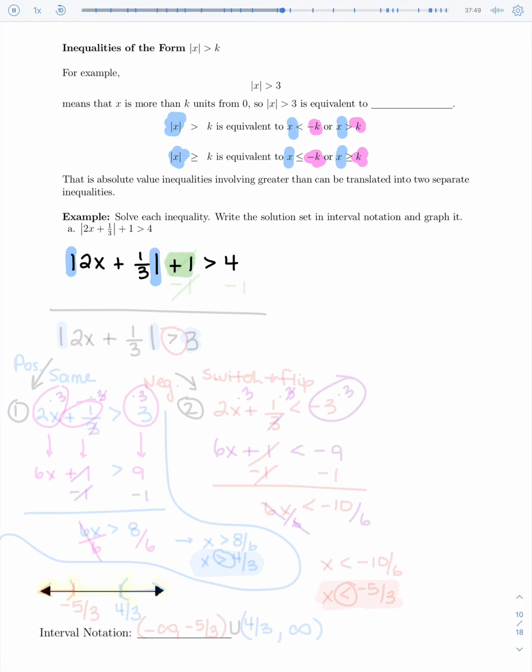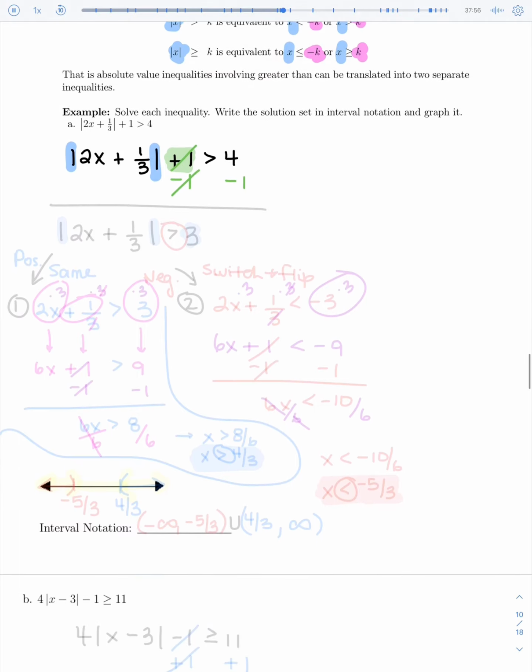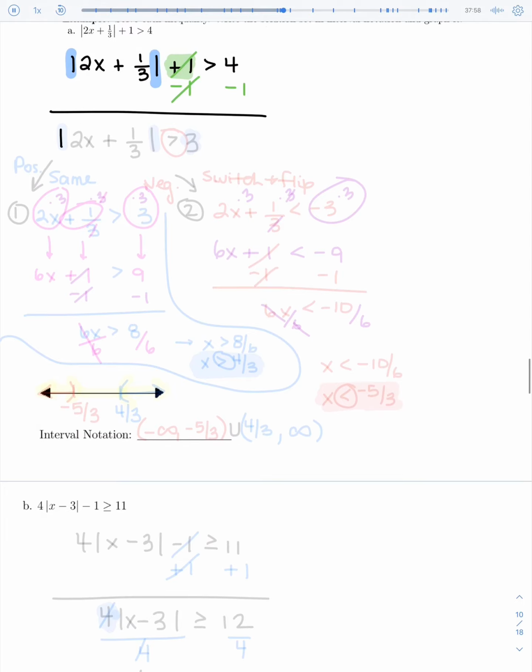So we're going to get rid of that by subtracting a 1 from both sides. So let's see what happens. Well, that will get us the absolute value of (2x + 1)/3 is now greater than a positive 3. But at least the absolute value is by itself on one side and our positive value is on the other side. That's what we wanted.